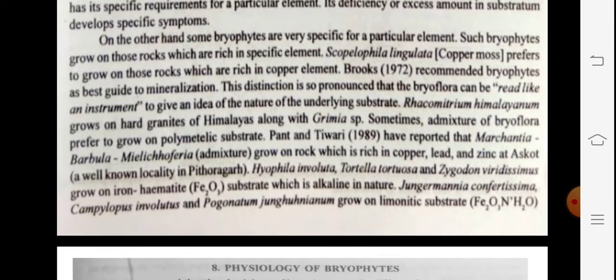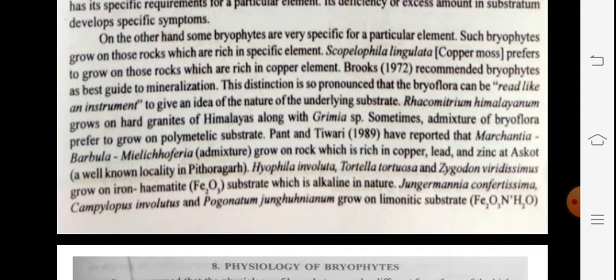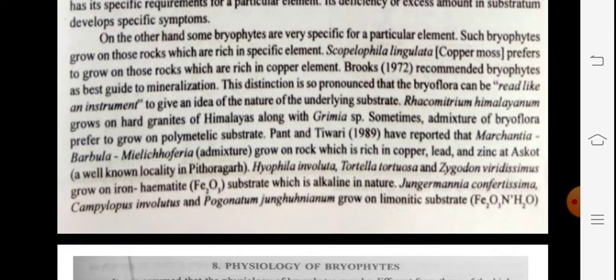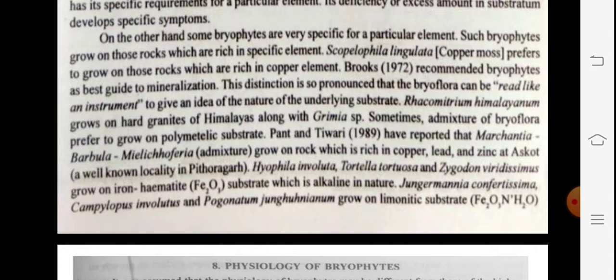Then other examples, like Scopelophila, called the copper moss, are commonly found on rocks rich in copper. In 1972 Brooks recommended it for the mineralization process, and the bryoflora is generally used as an instrument, so we call some of them indicators of these certain conditions.